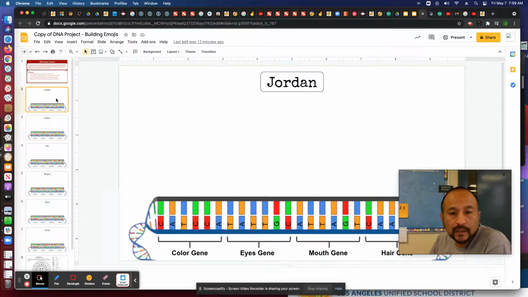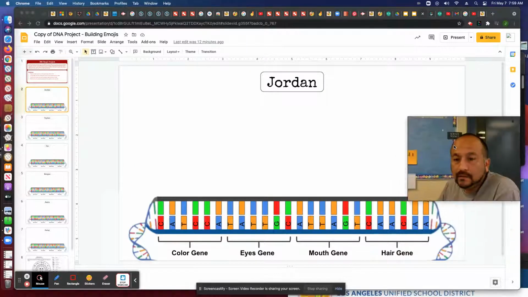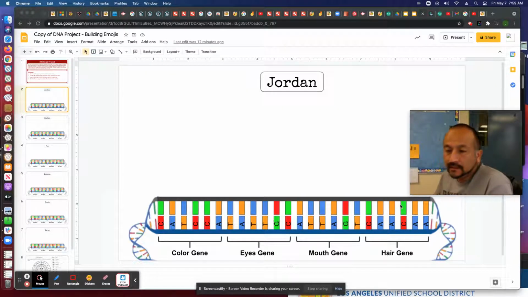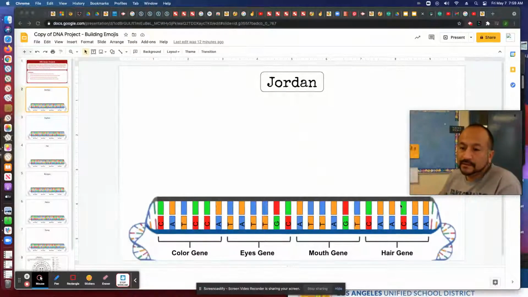So we have Jordan, and Jordan is an emoji, and we will be building Jordan's traits, his emoji face, which might be blue or yellow, or he might have a winky face or a smiley face with his teeth.